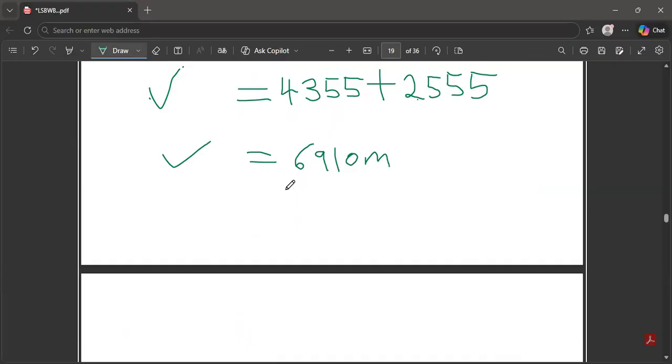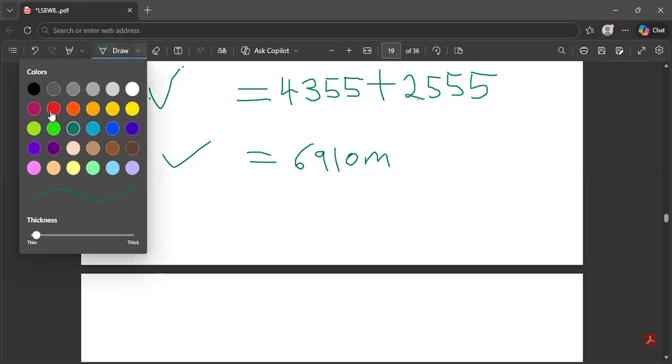Okay. But the question asked us to calculate our answer in the form of a chainage. So this is the answer in meters. But chainage is equal to what?